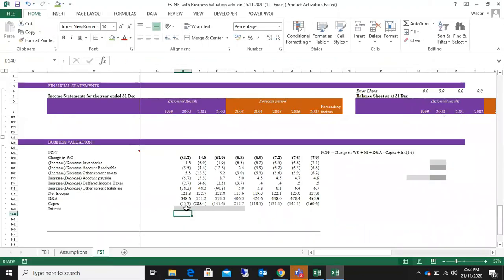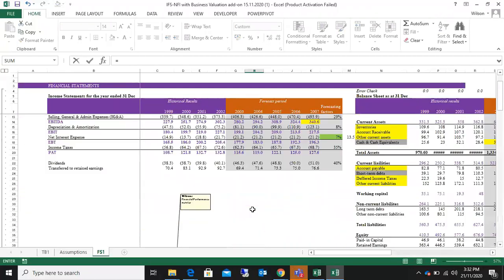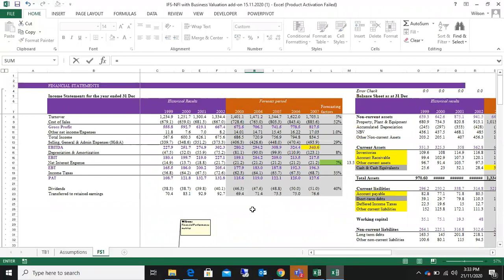So I can then take this up to this level. Now, for this, we have to factor in the fact that we are dealing with just interest expense. So we have this short-term debt.